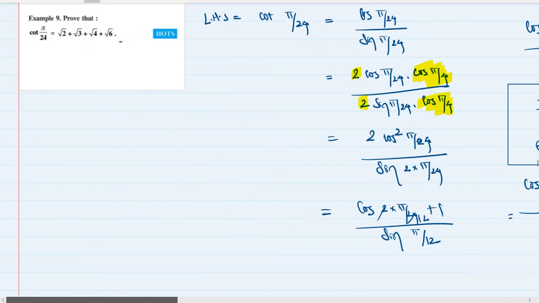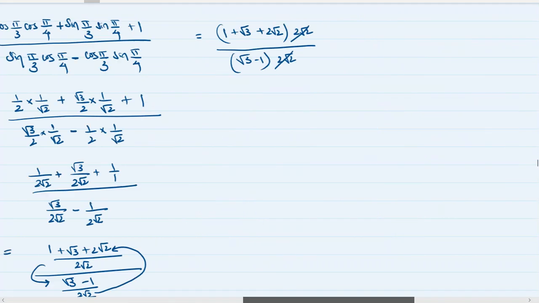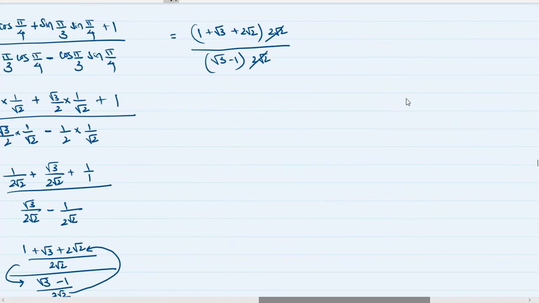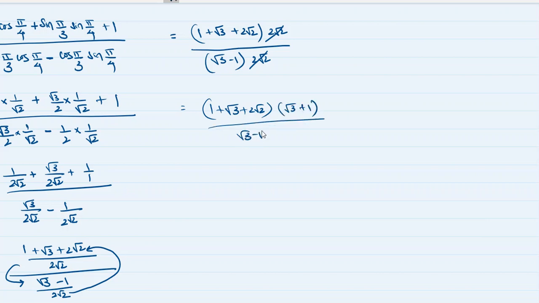We have to prove that it is equal to √2 plus √3 plus √4 plus √6. So this doesn't look like it. So we have to simplify it further. 1 plus √3 plus 2√2, I will rationalize it. So multiply by √3 plus 1 upon √3 minus 1 into √3 plus 1. √3 will get multiplied with 1 plus √3 plus 2√2, so you get √3 plus 3 plus 2√6.